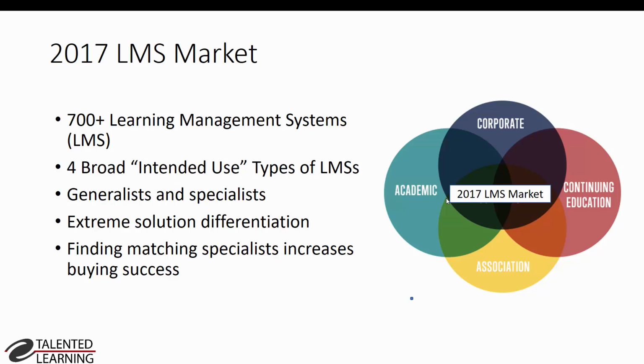Inside of each one of these groups, there's also vendors that provide a whole range of professional services and solution sizes in general. And so to find a matching specialist increases the buying success and the operational success of an LMS. In other words, finding an LMS that's designed to do the things that you needed to do is the surefire way to be happy with your selection and your vendor over time.